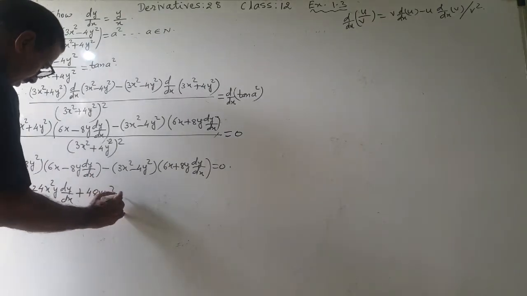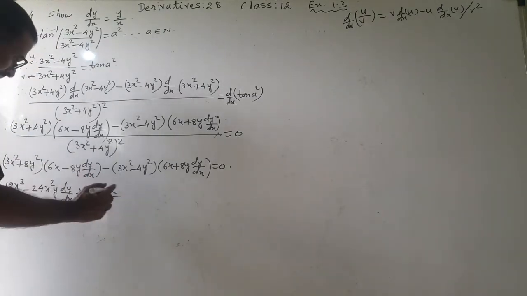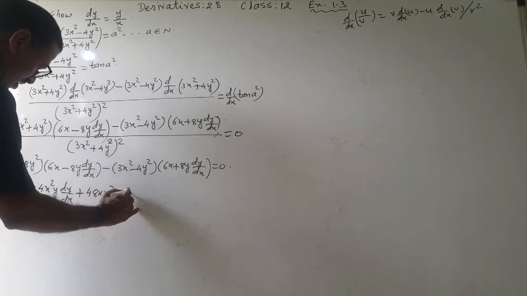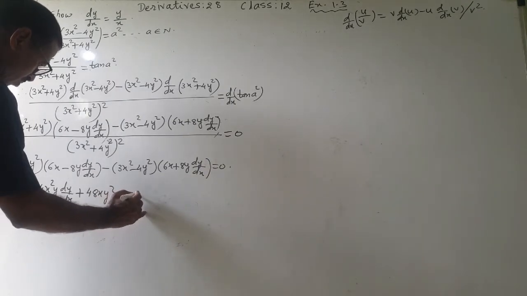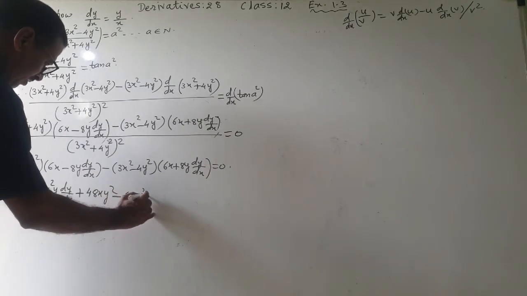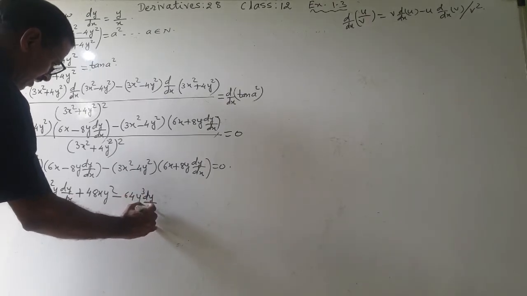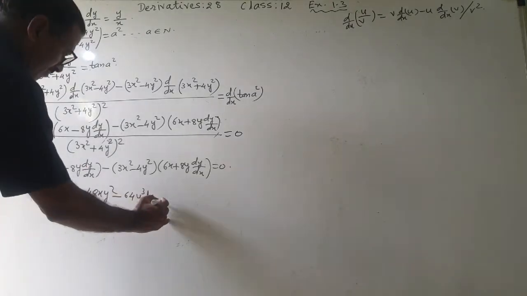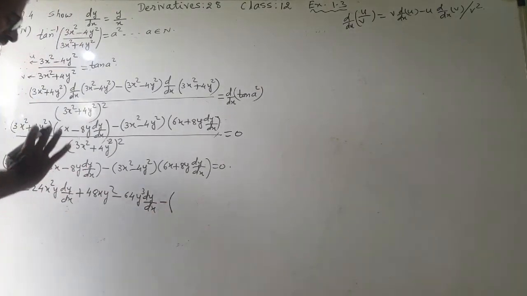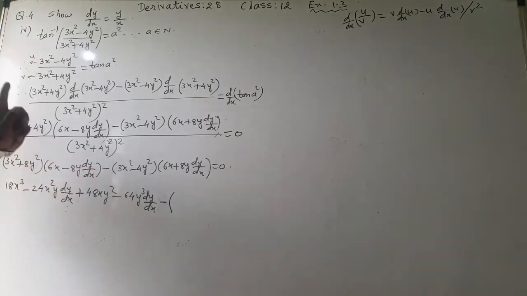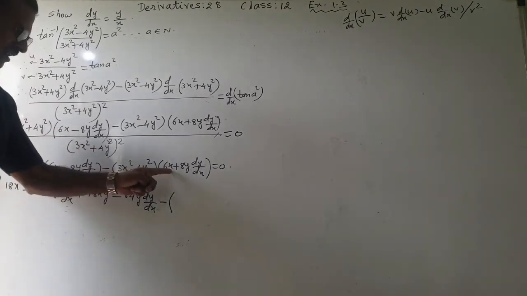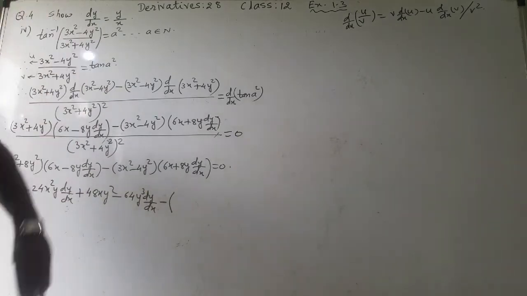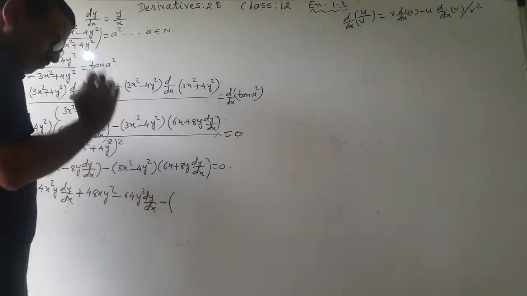This will be minus 64 y cube dy by dx. Hope that you understand this. It is 64 y square into y, which is y cube, and dy by dx. Now this is the minus sign. First of all I will take care that I will not touch this minus sign. First I will complete this multiplication and then afterwards I am going to shift this minus sign to everybody.